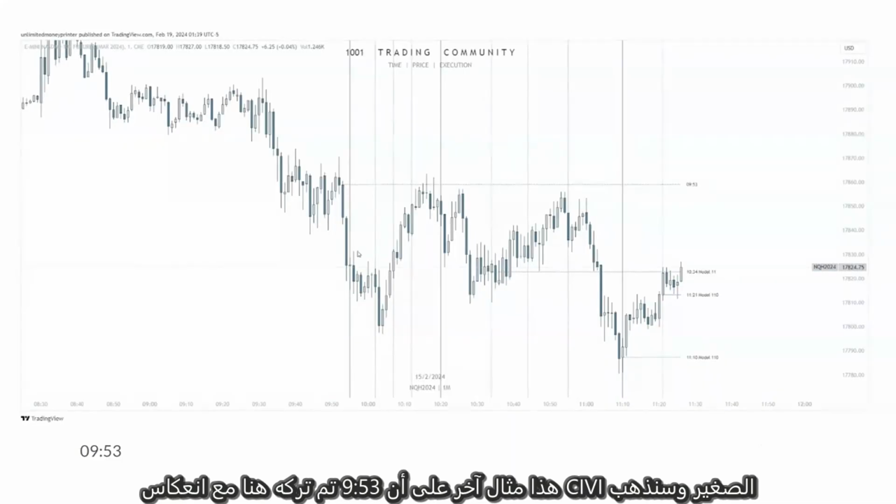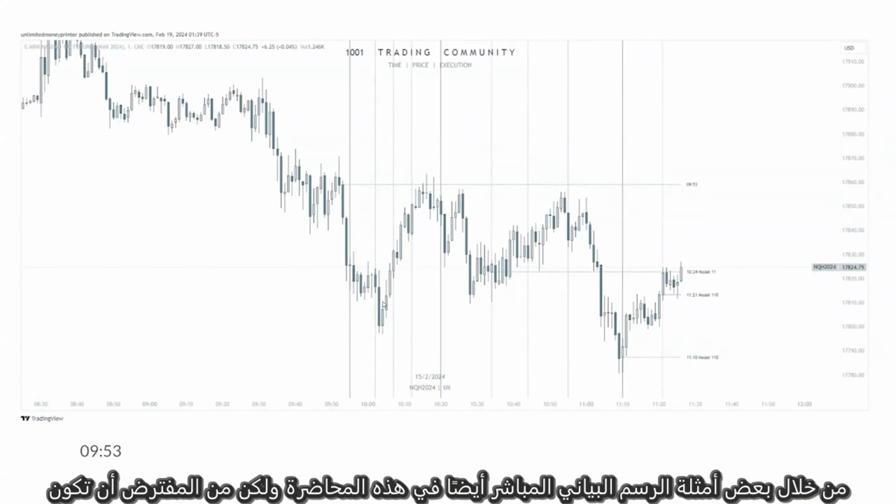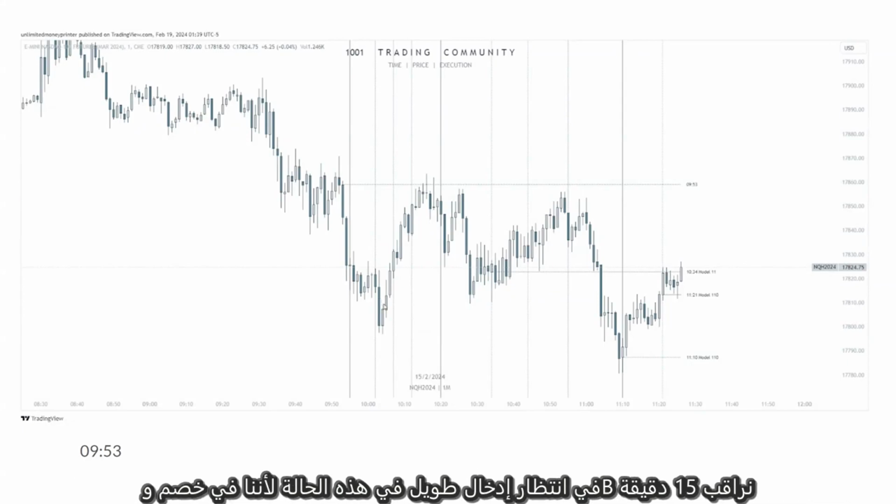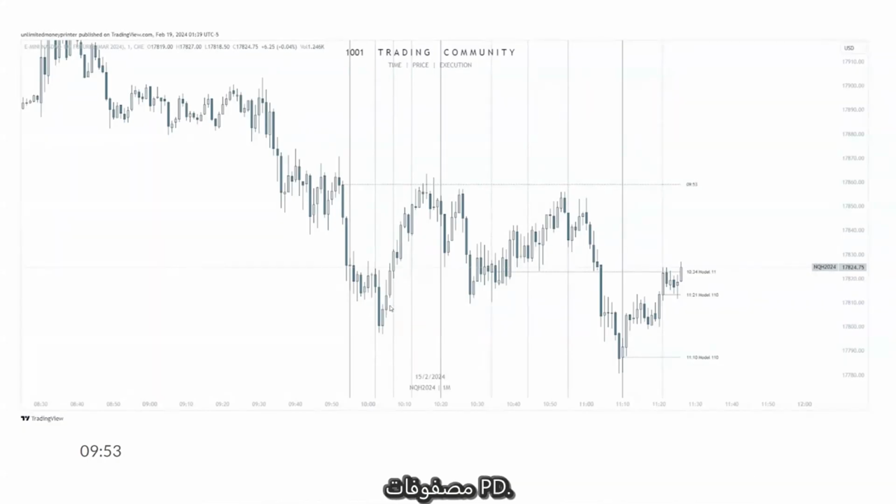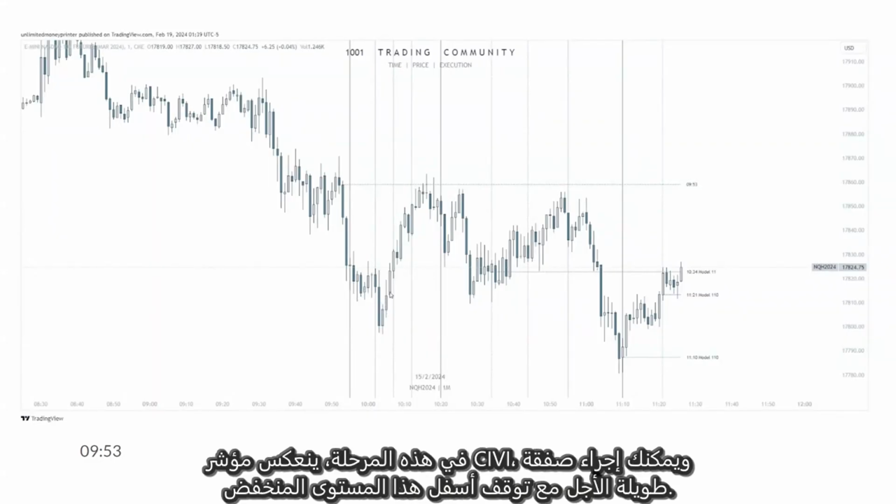Here's another example of that. 953 was left up here. Small SIBI inversion, and we'll go through a few live chart examples as well in this lecture. But you're supposed to be waiting for a long entry, in this case because we're in discount, and be observing 15-minute PD arrays. At this point, this SIBI gets inversed. You can long with a stop below this low.